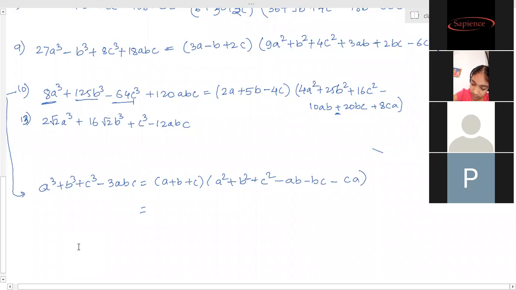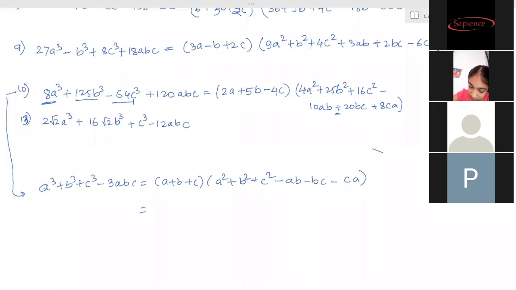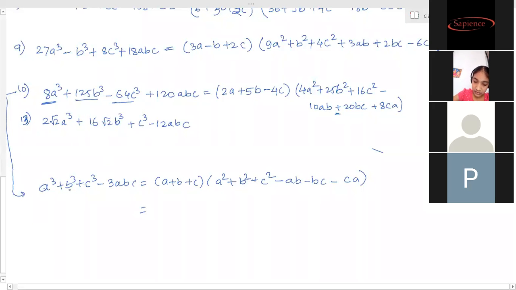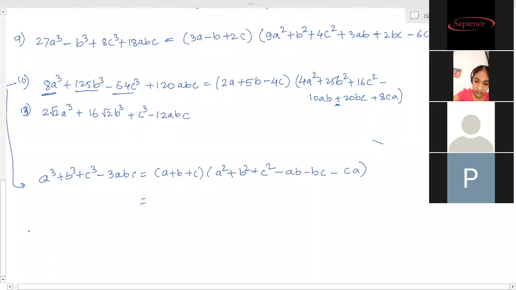So it is root 8 a cube. No, this is root 8 a cube plus root 32 b cube plus c cube.